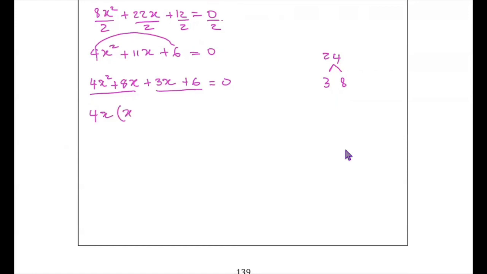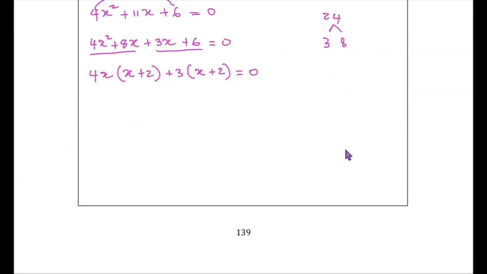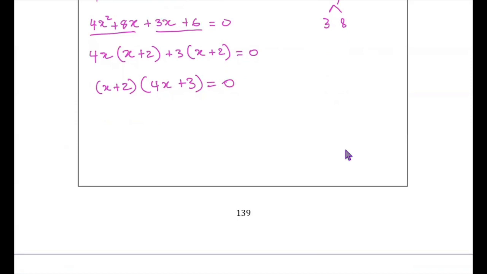So that's x plus 2. Factor 3 on the second group, x plus 2 equals 0. Then I will factor out x plus 2. Then that's 4x plus 3 equals 0. Use the zero product property. So that's x plus 2 equals 0, or 4x plus 3 equals 0.